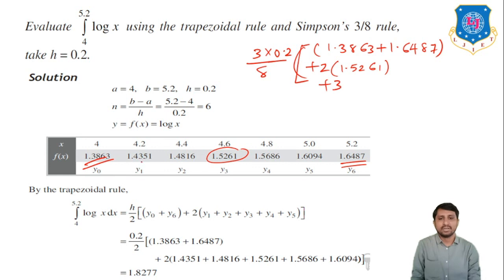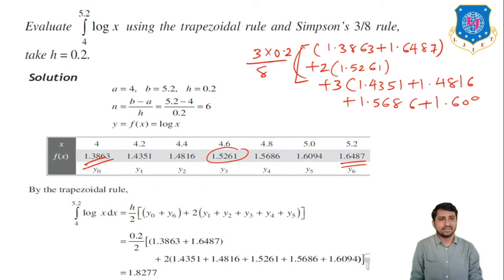3 into 1.4351, 1.4816, 1.5686 and 1.6094. You can easily calculate this value, 3 into 0.2 divided by 8 and all these values. So the final answer is here.